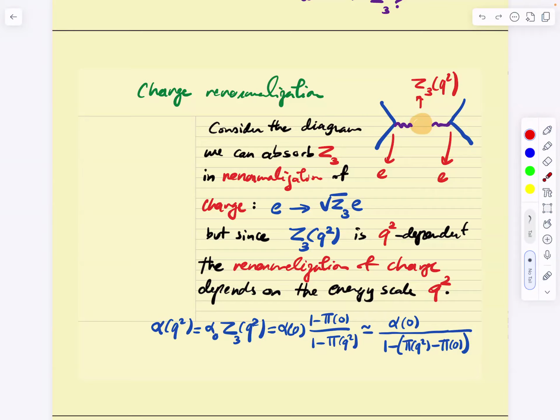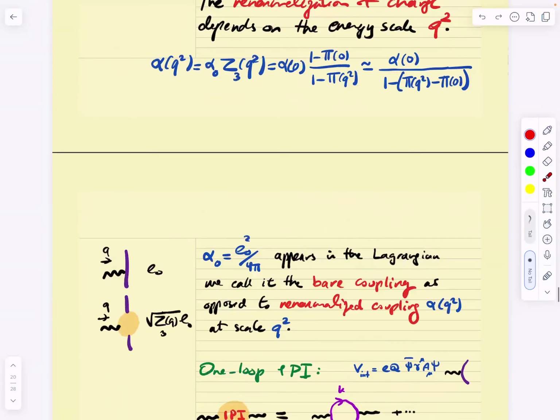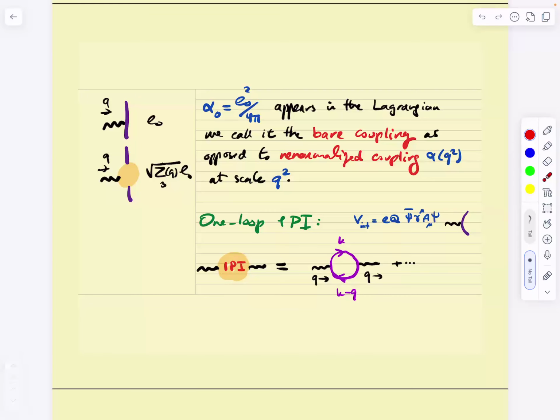But once you normalize it, whatever diagram you're calculating, you have to write the propagator as 1 over q squared and so on, so it will have explicit q dependence. This is the very first part of a principle that we'll come over and discuss over and over again. So as I said, alpha naught is e naught squared over 4 pi. It's a bare coupling. The renormalized coupling is related to it by just powers of Z3.